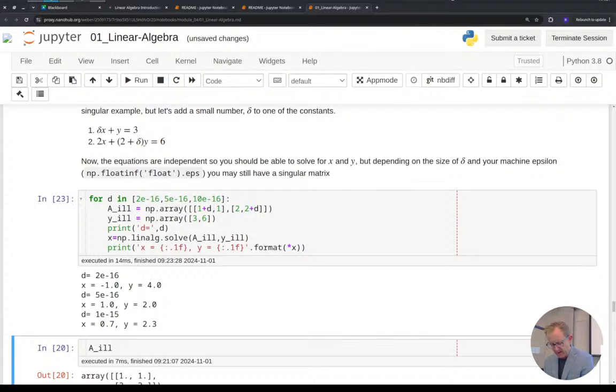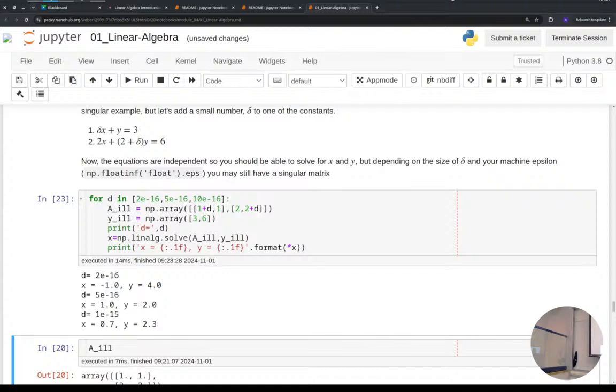And there we start to see even bigger differences. Because changing from 10 to the negative 15 to 5 to the negative 15, if it was a regular well-conditioned matrix, then these should be the same numbers.